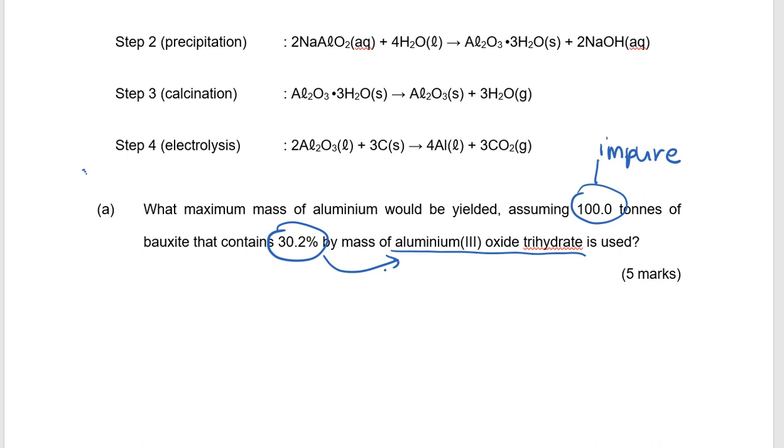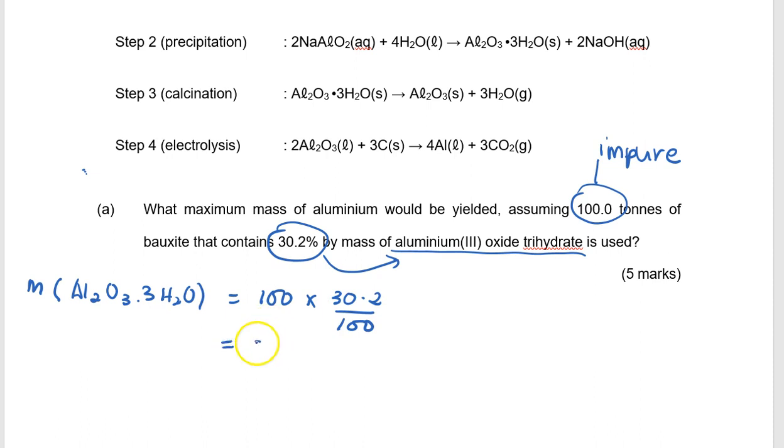So first step, find the mass of aluminium oxide trihydrate. Since it's 30.2% out of that 100 tons, it's 100 tons times 30.2 over 100. So you get 30.2 tons.